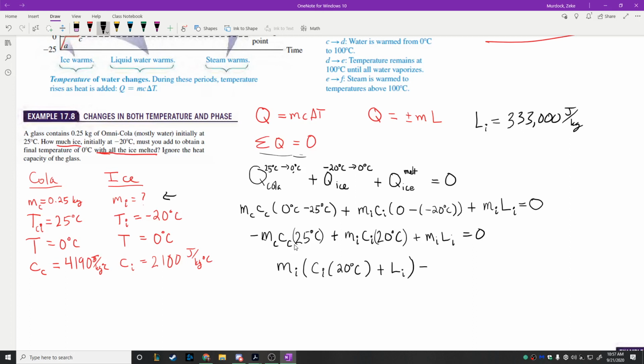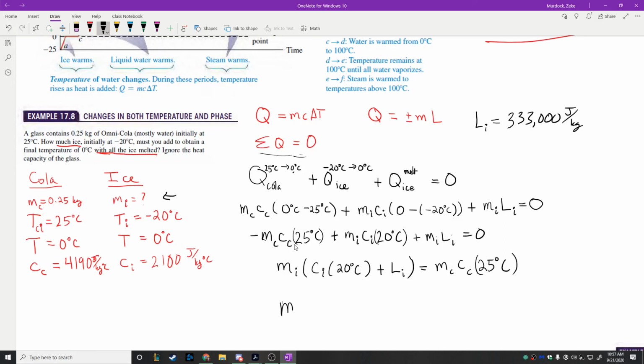All that should be equal to this term, if we add it to the right-hand side. This starts to look like the equation that you wrote down there. Yeah, the equation that you wrote down, Cam, looks exactly right.